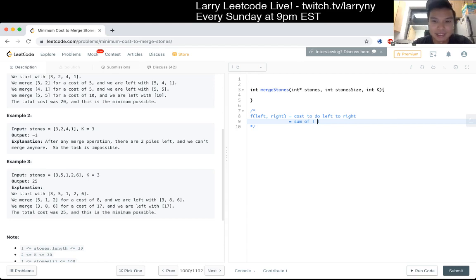Because we have n squared states, since it's left, right, but each of them takes possibly n cubed, this is n to the fifth power. Since n is only 30, I think we could do it. I'm going to try it, and if not, we'll see.